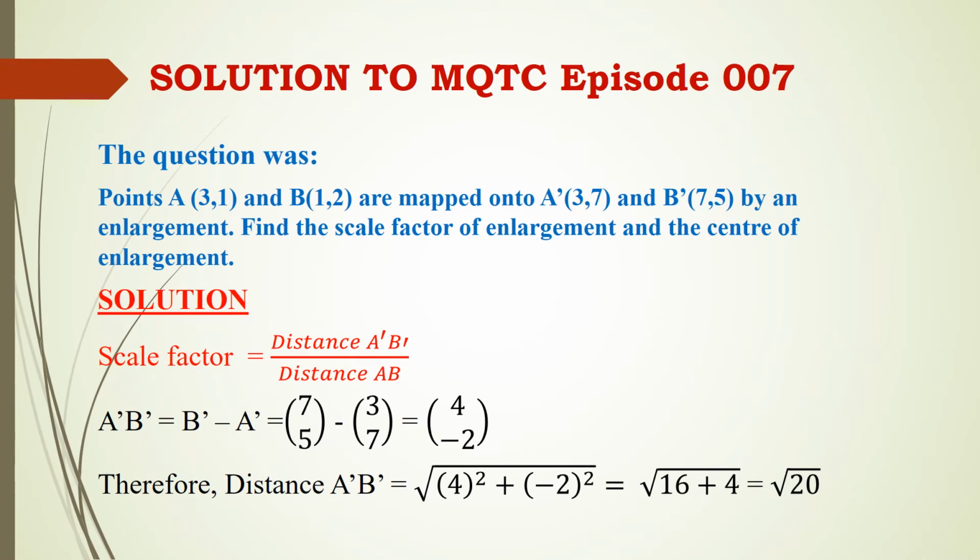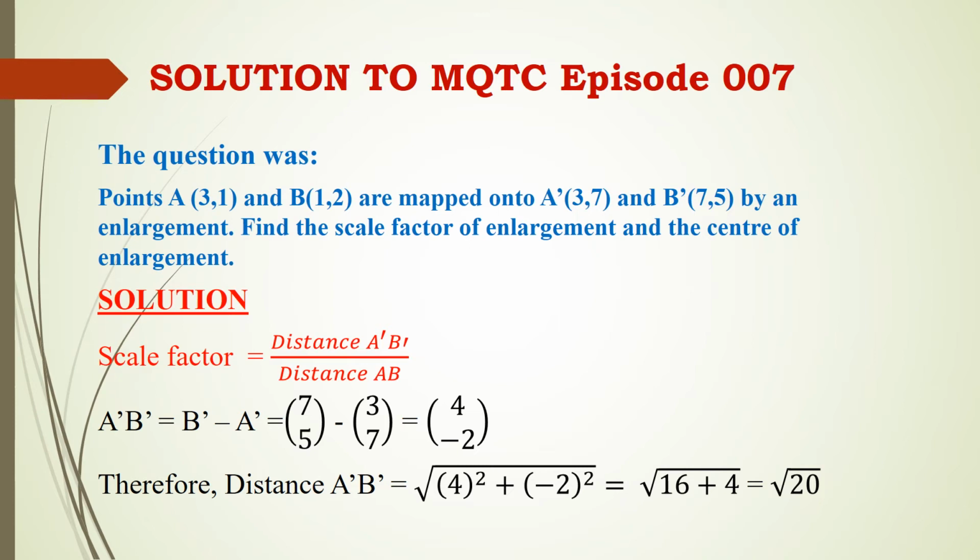Solution for MQTC episode 007 is here. The question was, points A, whose coordinates were (3, 1), and B, (1, 2), were mapped onto A prime, whose coordinates were (3, 7), and B prime, whose coordinates were (7, 5), by an enlargement.